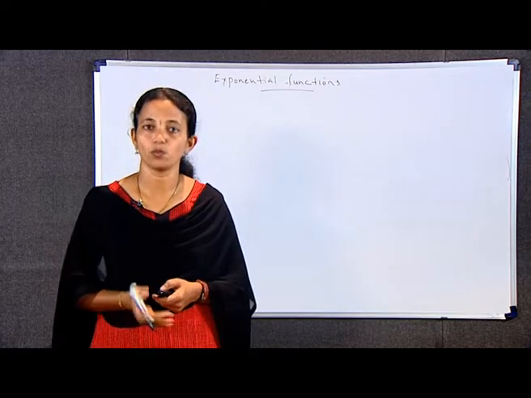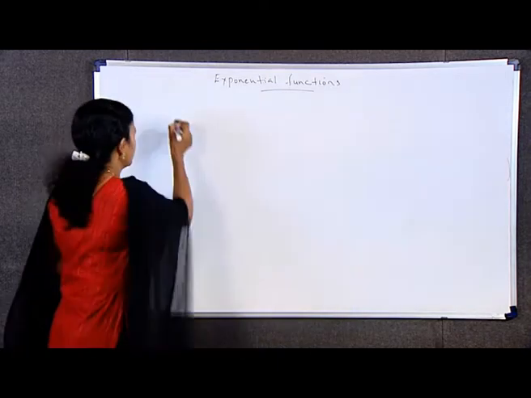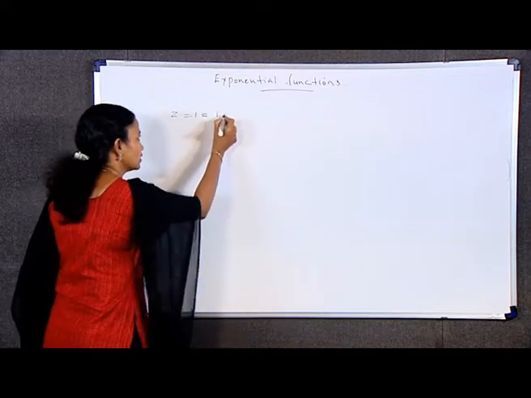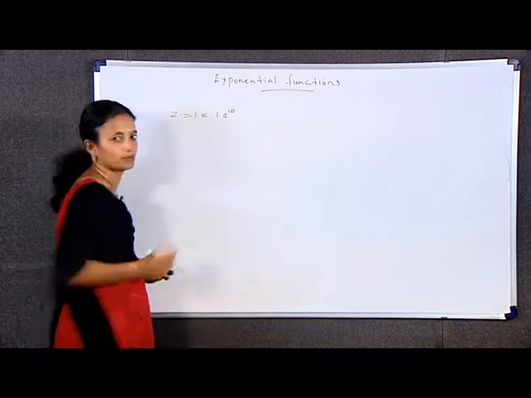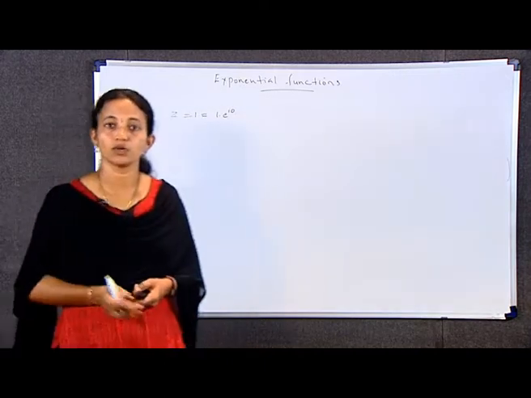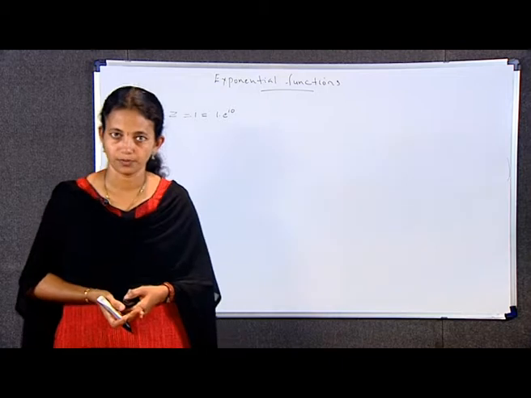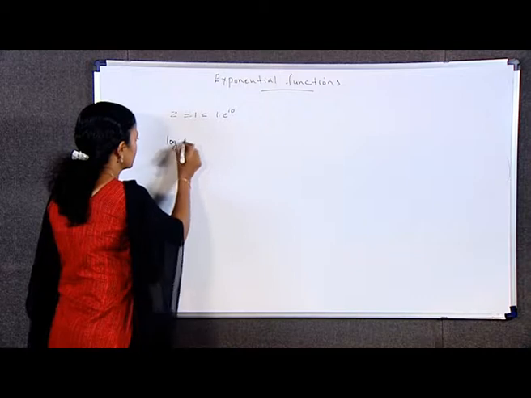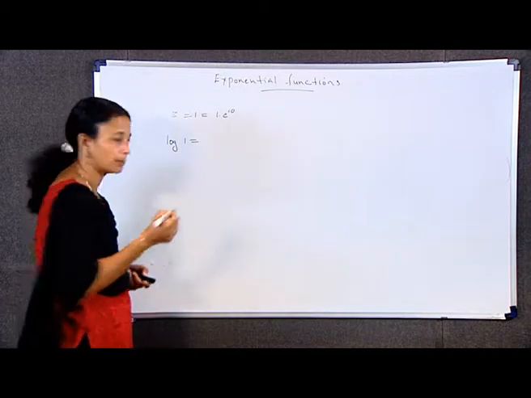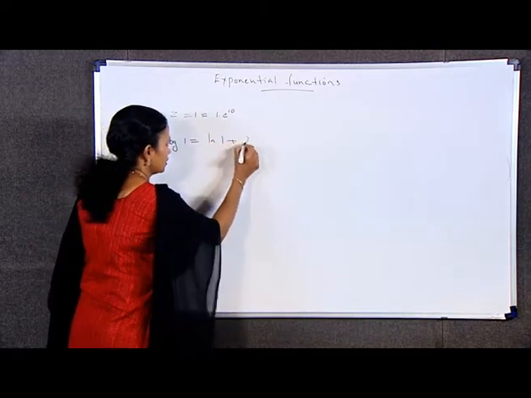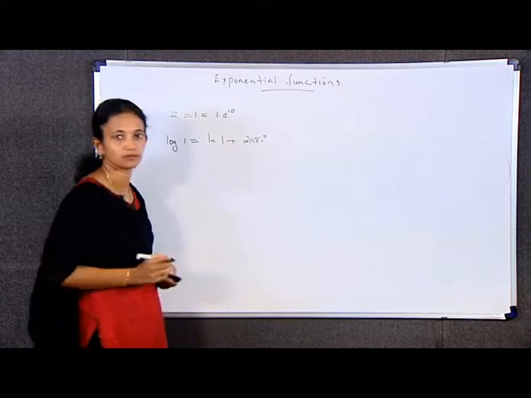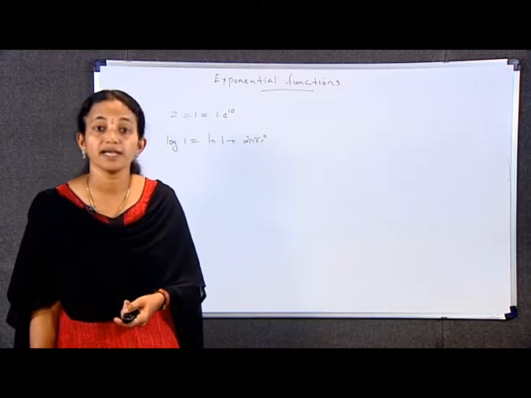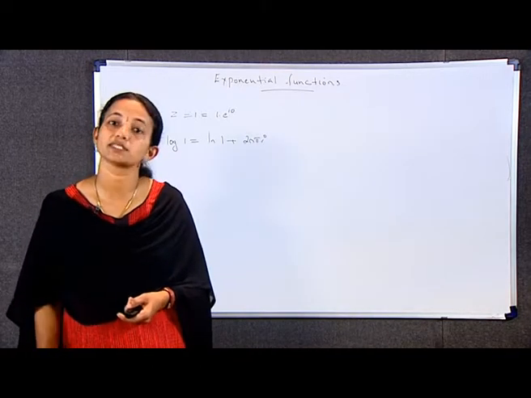Next we have some examples. With z is equal to 1, we can write it as 1 into e raised to i 0. We have r is equal to 1 and theta is equal to 0, and using equation 1 we obtain log 1 is equal to ln 1 plus 2n pi i, where n varies from 0, plus or minus 1, plus or minus 2, etc. Being the natural logarithm of 1, ln 1 is equal to 0.